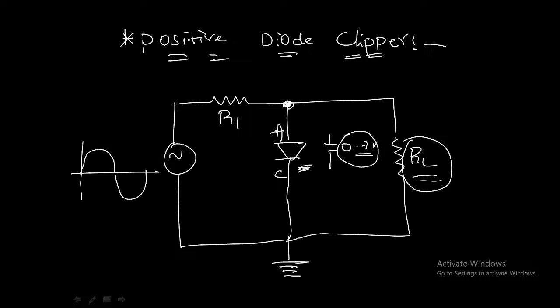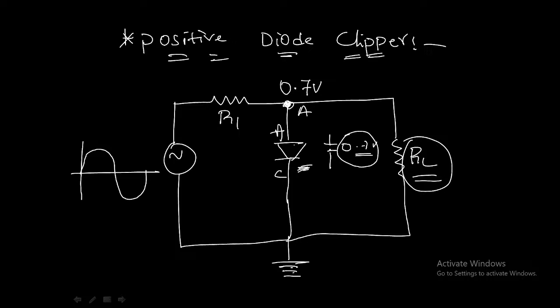At this point A, what is the voltage? You have 0.7 volts and this is connected to ground. So instead of this diode, if it is in forward bias, here we get a voltage source of 0.7 volts and here we have a load resistance RL.